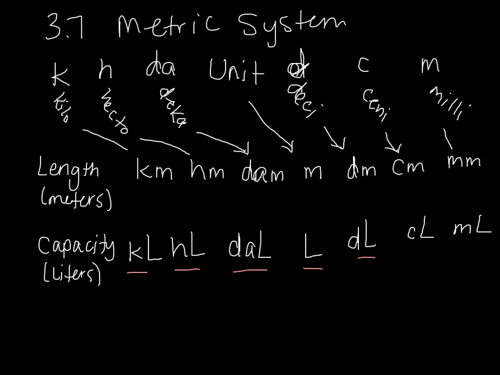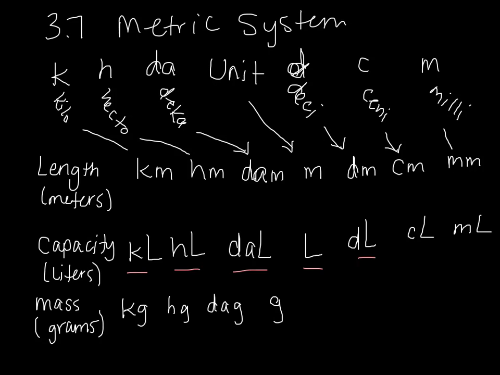Now let's try one more, and this is in mass, which is how much matter something has, in grams. If I did the K in front of the little g, it'd be kilogram. H in front of the g, it'd be hectogram. D, A, G would be decagram. Then we have our regular unit, gram.